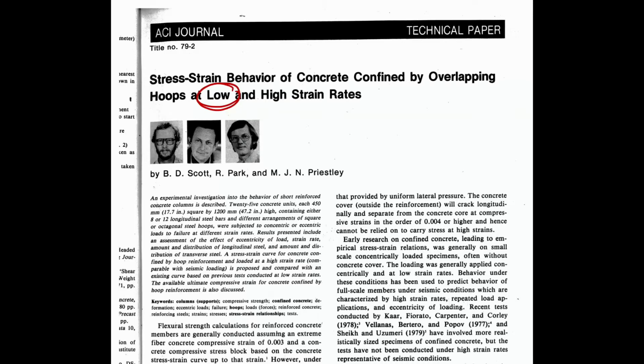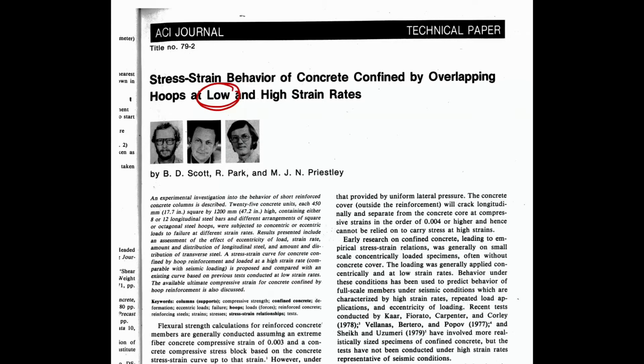This paper is based first of all on Park and Kent. The concrete models used to compare with the results here were Park and Kent, and modified Park and Kent. Scott, Park, and Priestley ran the tests at different strain rates.